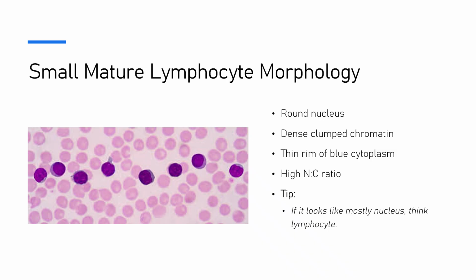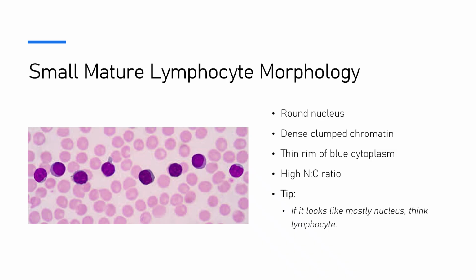The chromatin inside the nucleus tends to appear dense and clumped, giving it a very dark purple appearance with Giemsa staining. Surrounding the nucleus is usually just a thin rim of pale blue cytoplasm. Sometimes that cytoplasm is so thin that it can be difficult to see unless you're looking closely. So visually, lymphocytes often look like a dark purple circle with just a little halo of cytoplasm around it.